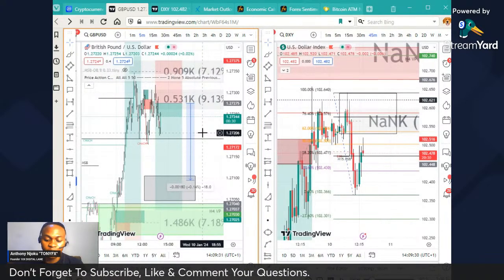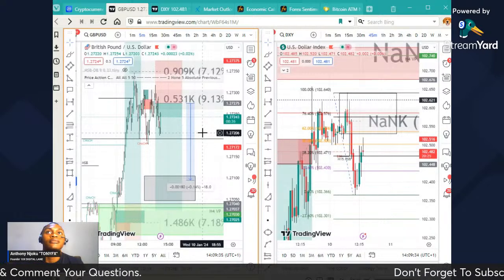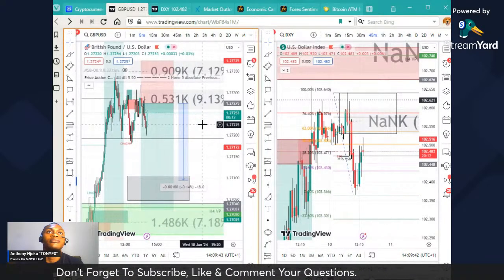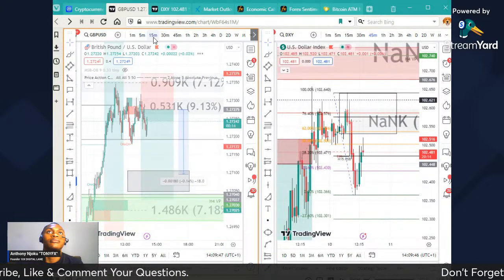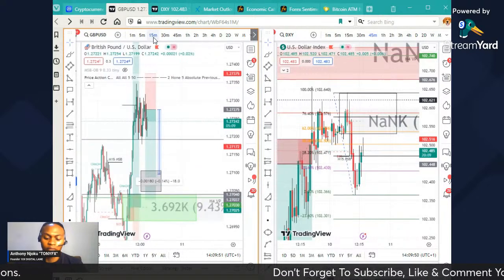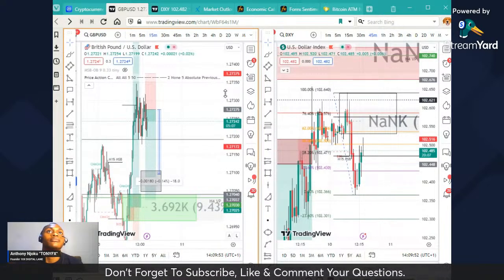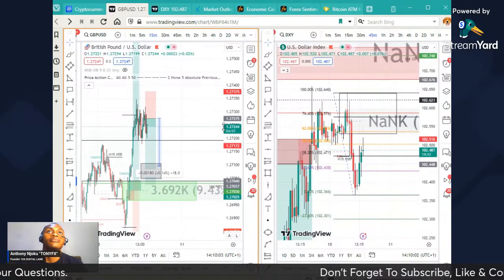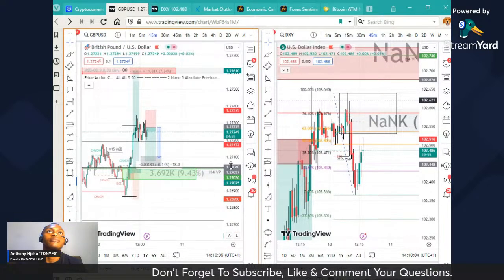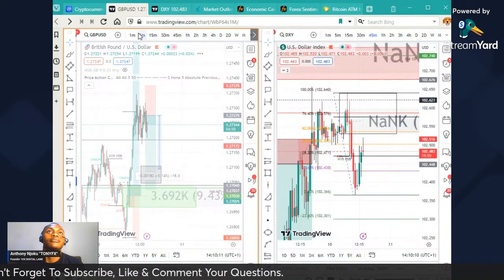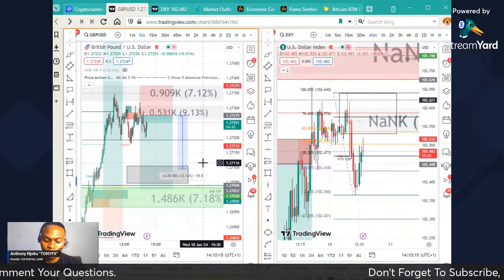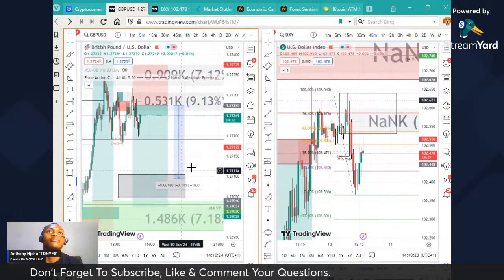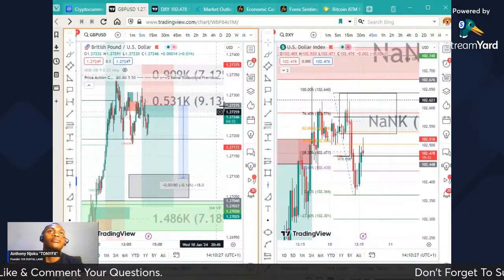The market is close to the 5 minute order block again. Market price action playing out.